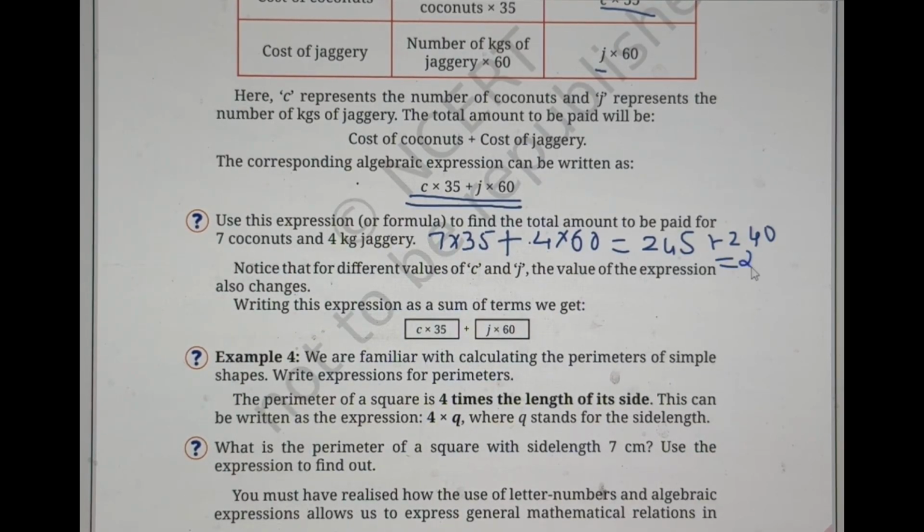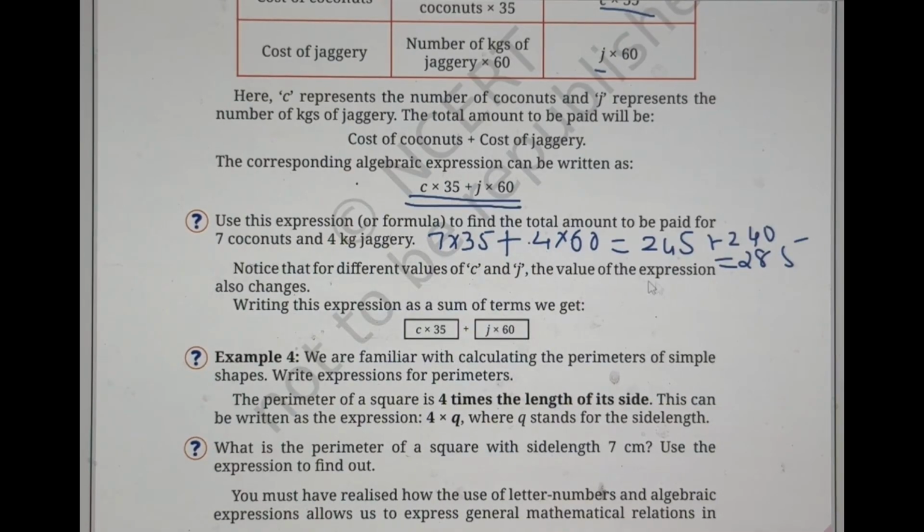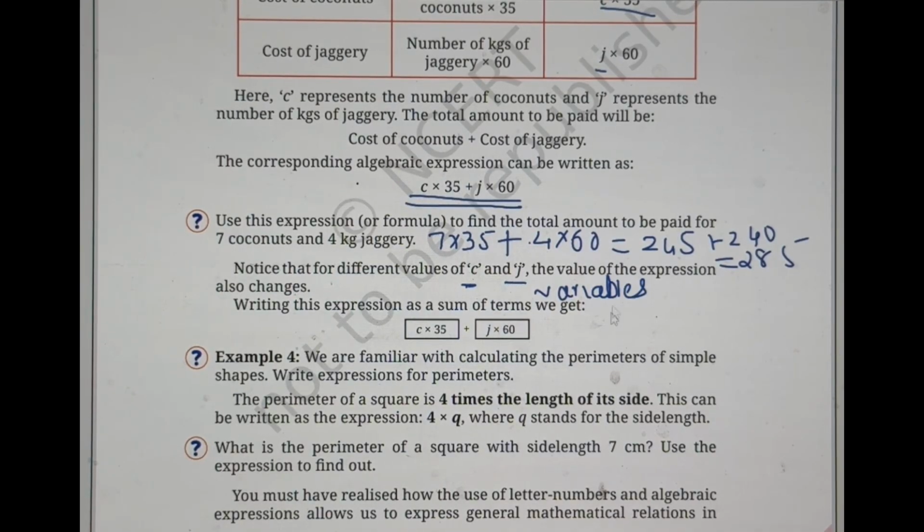So the total is 485 rupees. Notice that for different values of C and J, the value of the expression also changes. I told you that C and J are the variables, and the numbers which remain the same are the constants. So here 35 and 60 are the constants.